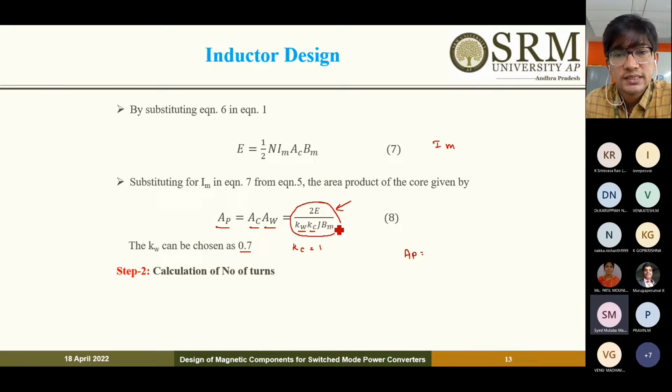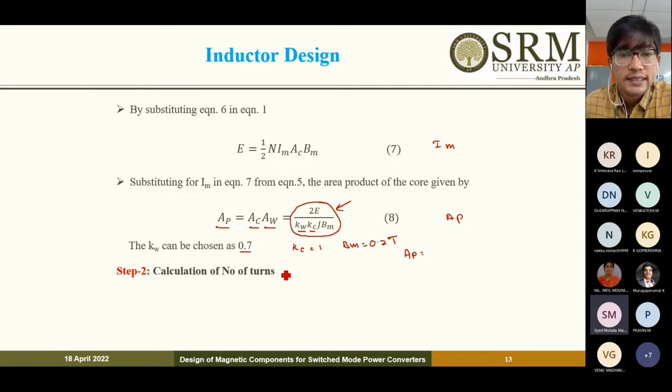Bm is the magnetic flux density, which will be 0.2 Tesla for ferrite cores. Once you substitute all this data, we will get the area product. From now onwards, we need to select the core which has an area product more than what we have obtained, and use that particular data.